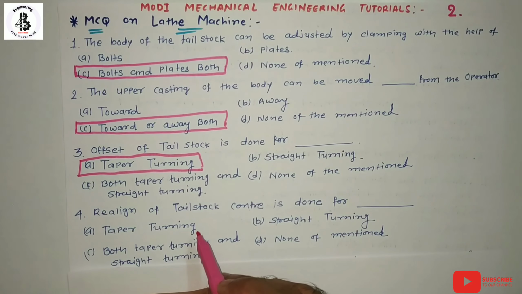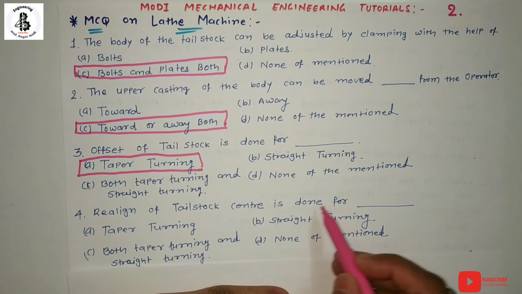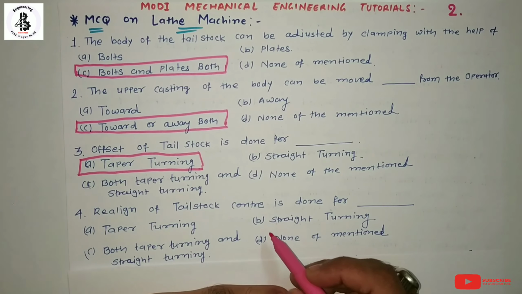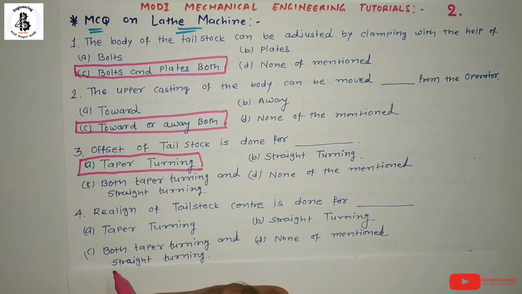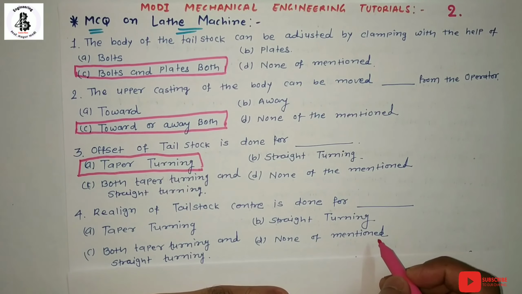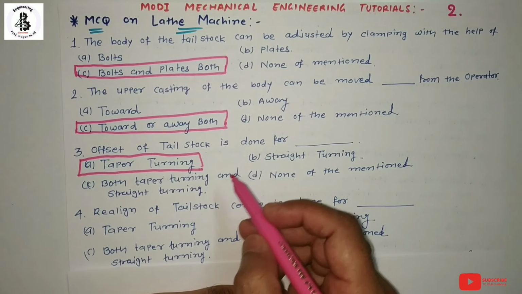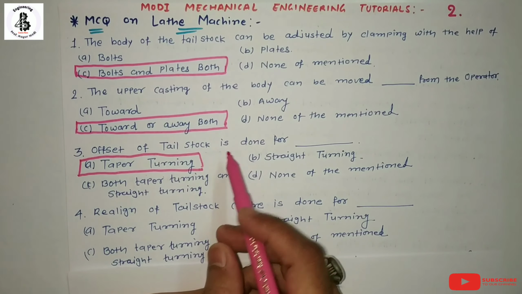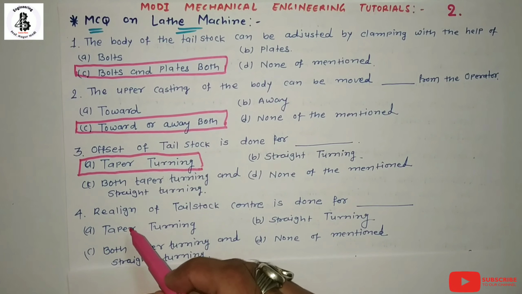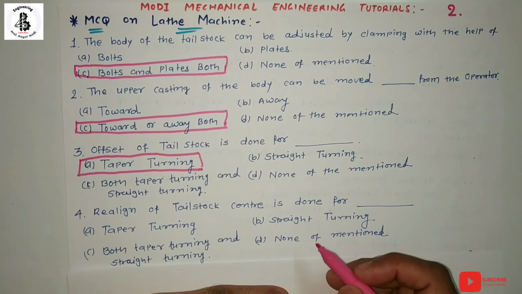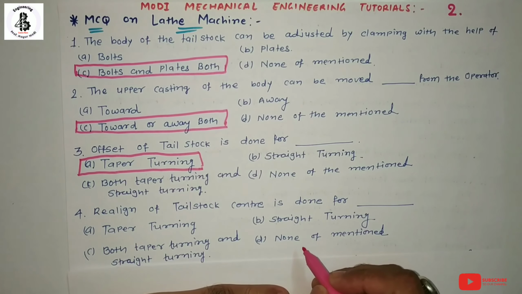Realign of tailstock center is done for. Option A, taper turning, option B, straight turning, option C, both taper turning and straight turning, and option D, none of the mentions. As we already discussed in the third question, offset of tailstock is used for taper turning, and realign of the tailstock center is used for performing straight turning operations.